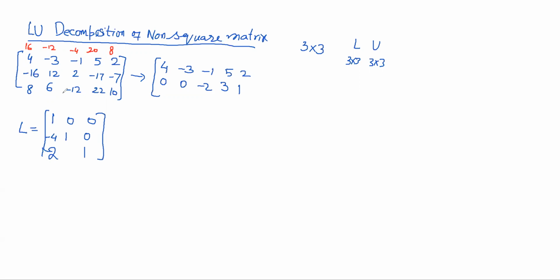So for the third row operation, I need to multiply the first row by minus 2. So it will be minus 8, 6, 2, minus 10, and then minus 4.